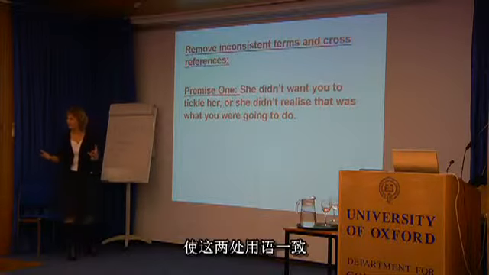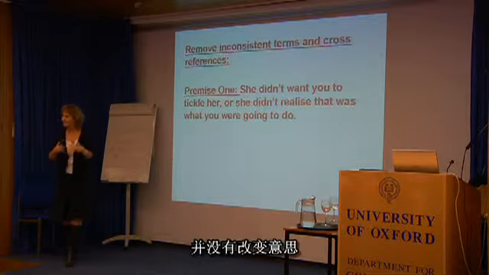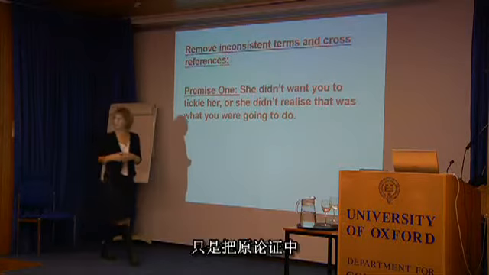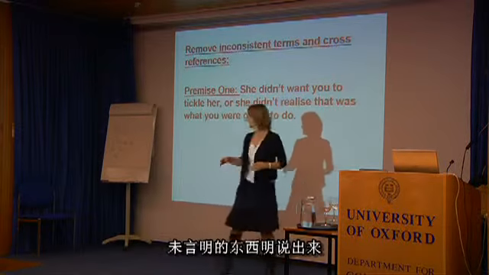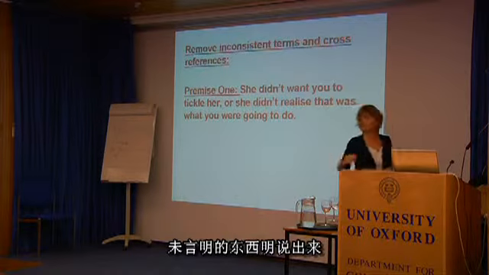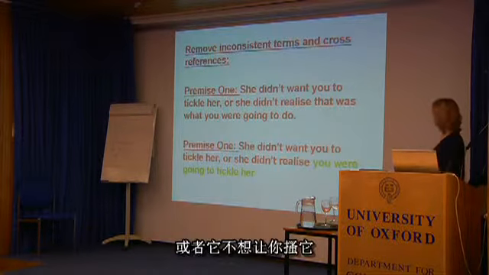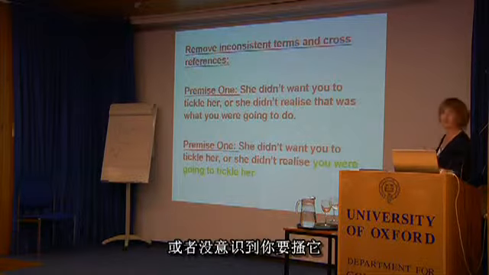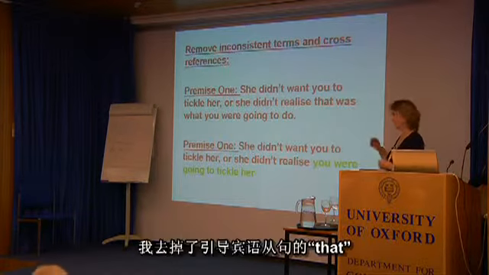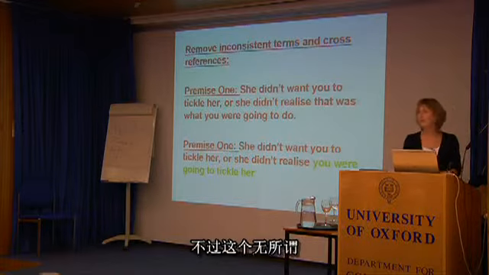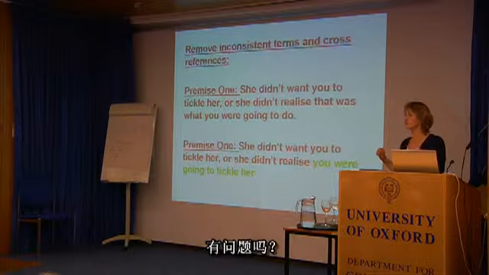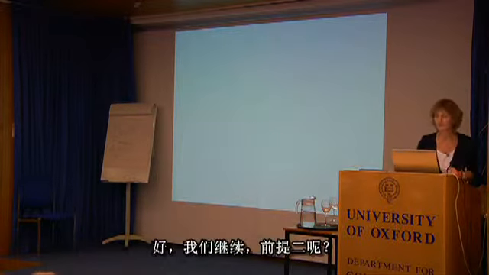We're not changing the meaning by making those two terms consistent. We're just making explicit something that in the original premise is left implicit. And here it is: she didn't want you to tickle her, or she didn't realise that you were going to tickle her. I've left the "that" out, but that doesn't matter. Okay, anyone have any problems with that? No? Okay, let's move on.